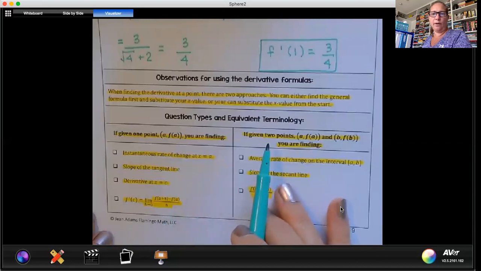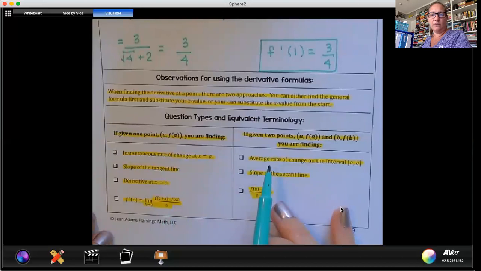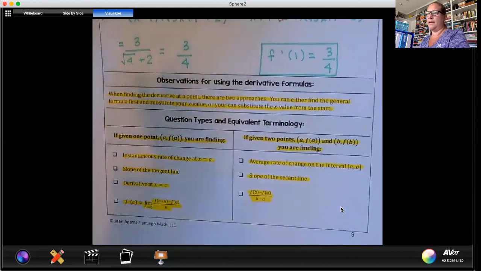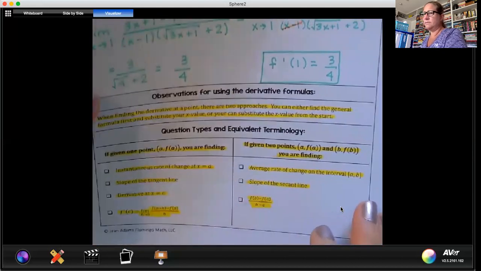If you're given 2 points, a, f of a and b, f of b, you're finding the average rate of change on the interval from a to b, the slope of the secant line, or f of b minus f of a over b minus a. Just some added information there for you.